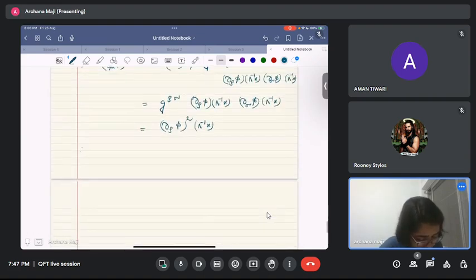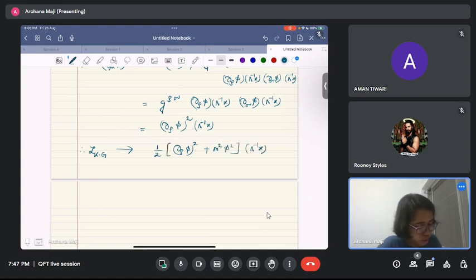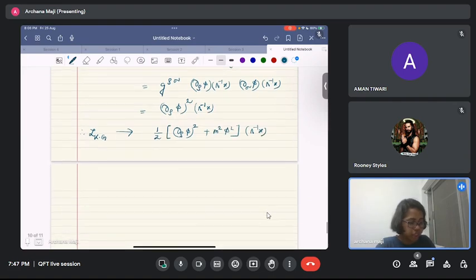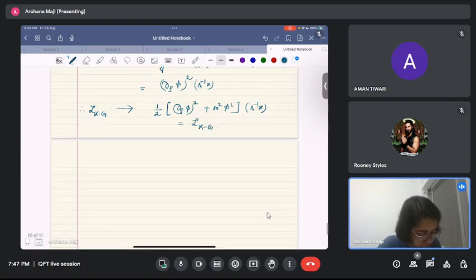So the Klein-Gordon Lagrangian has become half of del rho phi square plus m square phi square, the whole thing labeled by lambda inverse x. You see the form of the Lagrangian remains the same as before. So it shows that the Klein-Gordon Lagrangian is a Lorentz scalar.